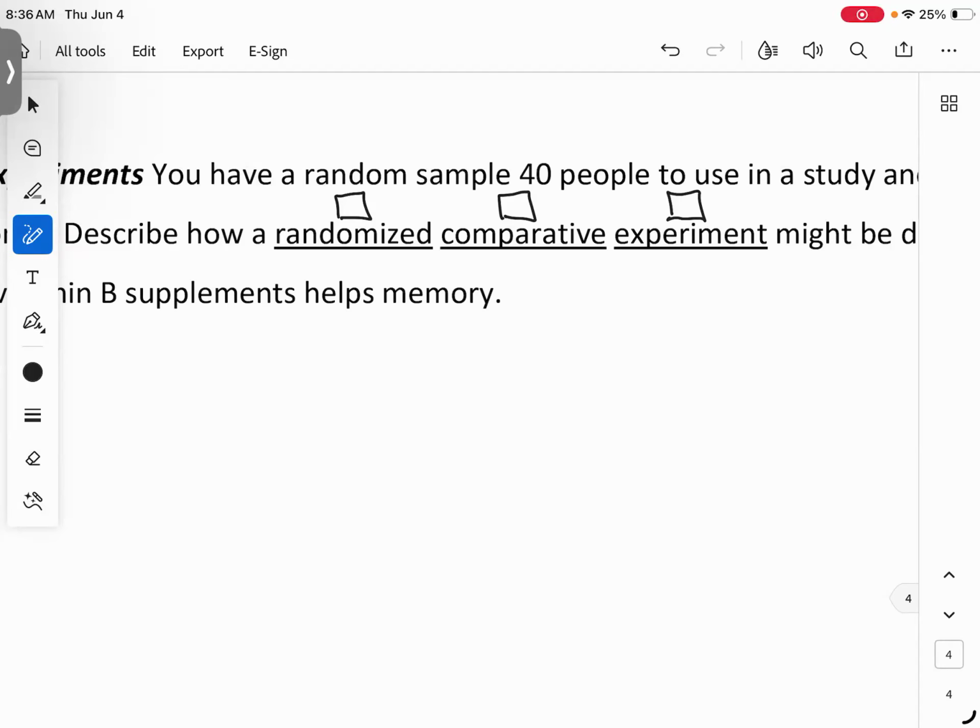Now, in this scenario, what if we had 40 people who were randomly selected? That random is not the same as the other one. These are two different randoms. The top random is how they were selected, and the second random is how they're being split.